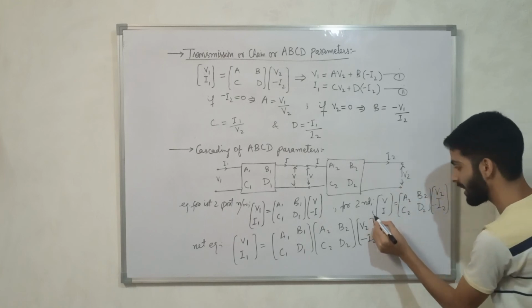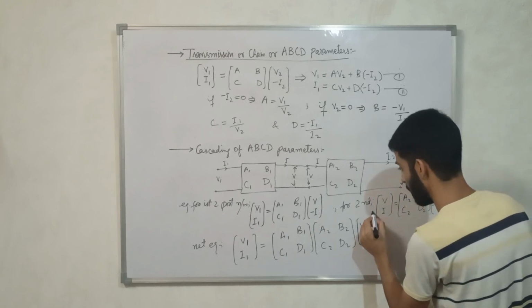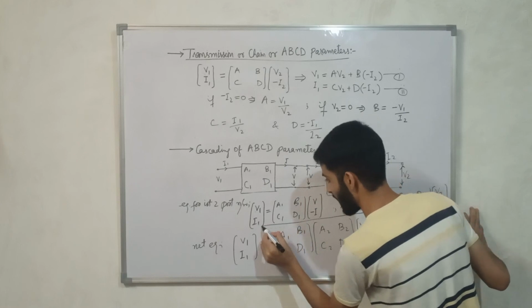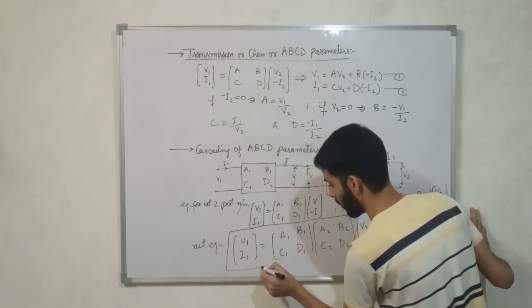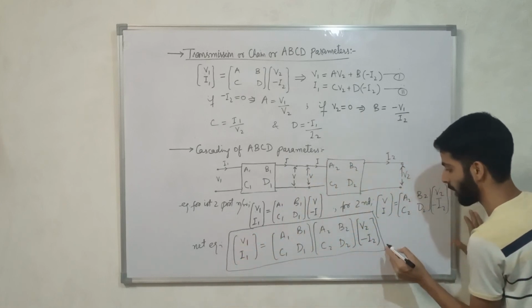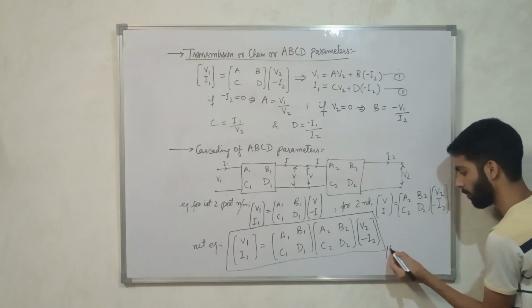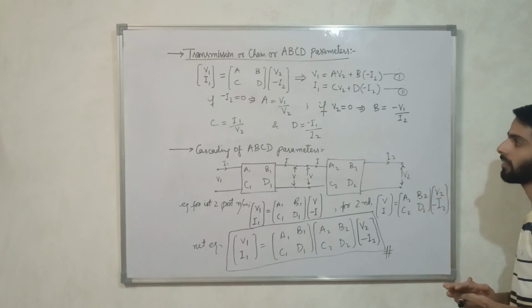This will be the cascaded equation. This one will be the cascaded equation for two cascaded two-port networks whose ABCD parameters are to be found. So we have done this.